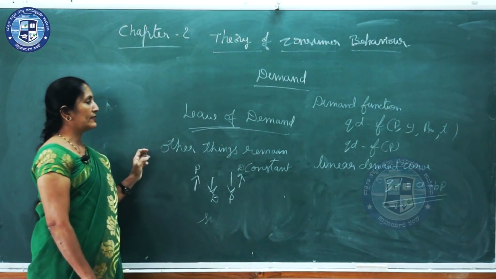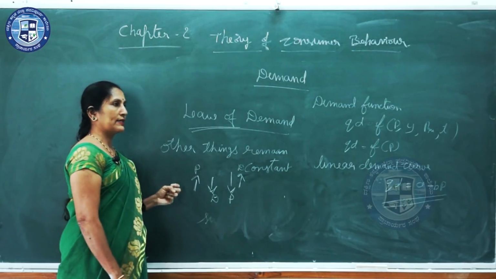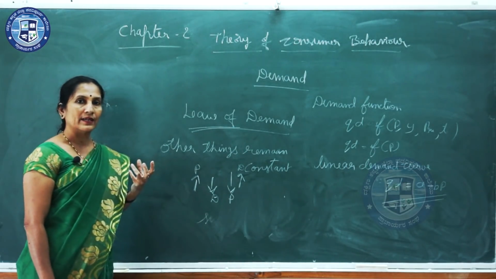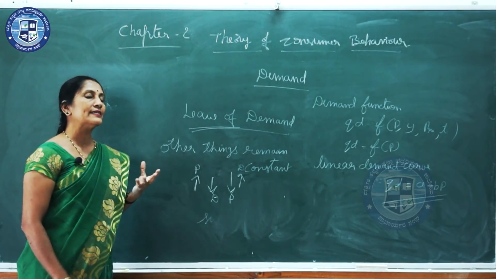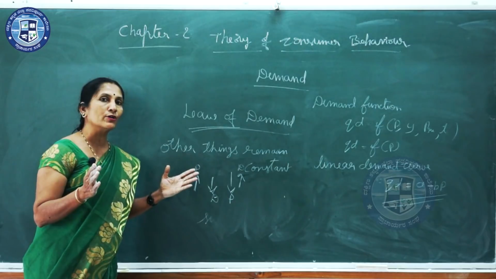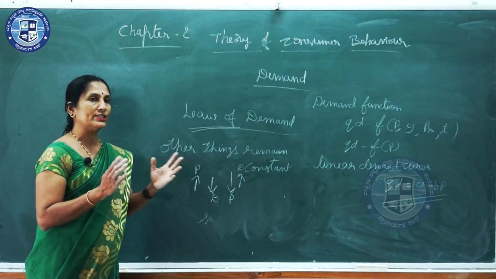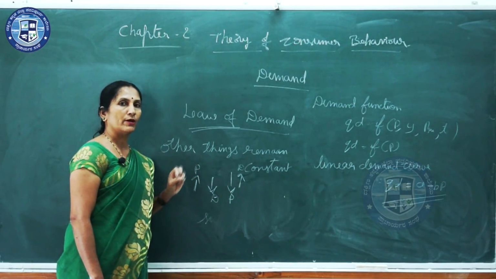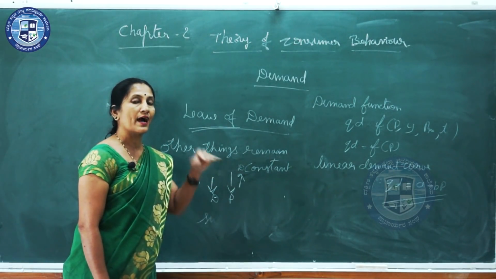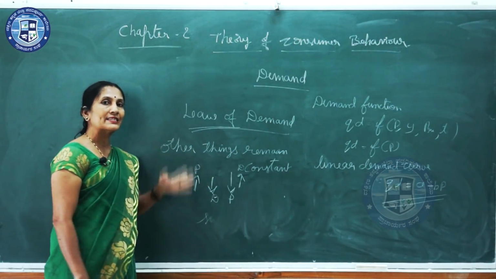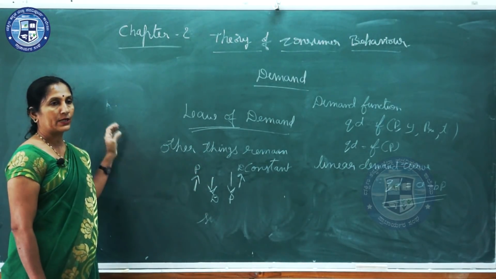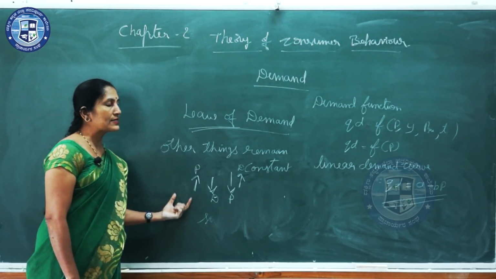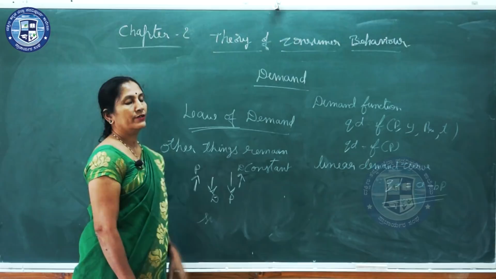When we go to the market, the behavior of human beings is that when the price of a commodity is less, we purchase more quantities of that commodity. When the price is more, we purchase less of that commodity. This is called the law of demand.